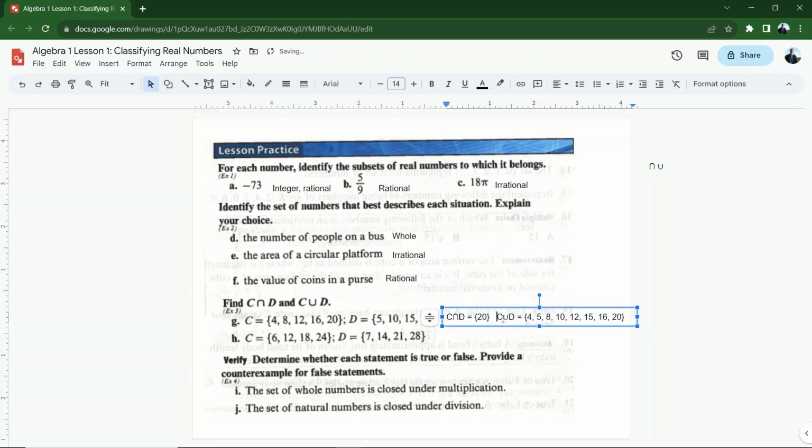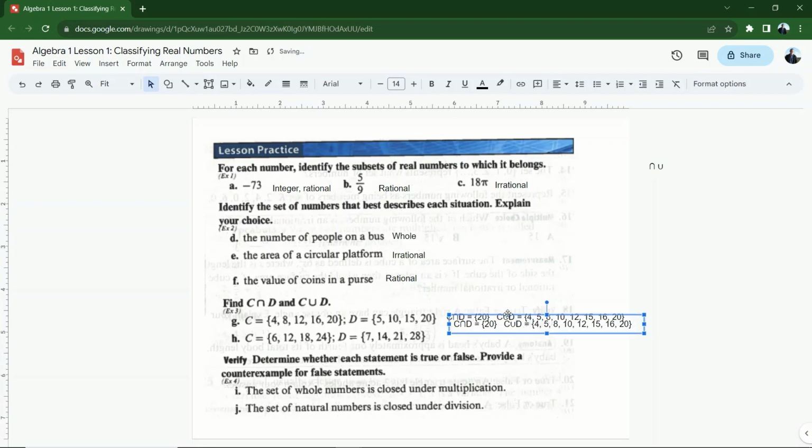Let's go ahead and do the same thing for the sets down below. I'm just going to copy and paste this and we'll adjust it. So C intersect D. Let's get rid of this 20 and this whole line of elements there. And let's see which of these elements are the same in both sets and different.